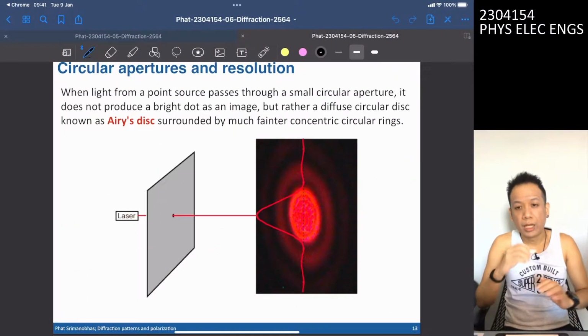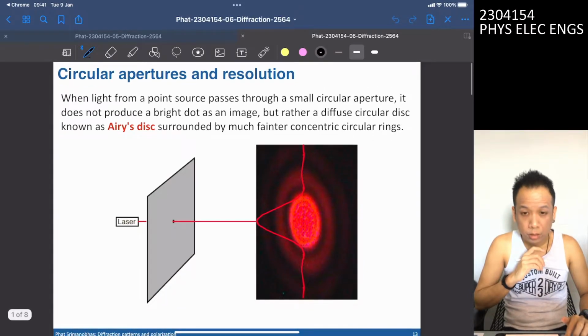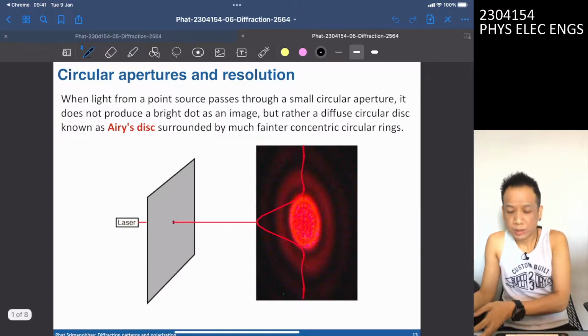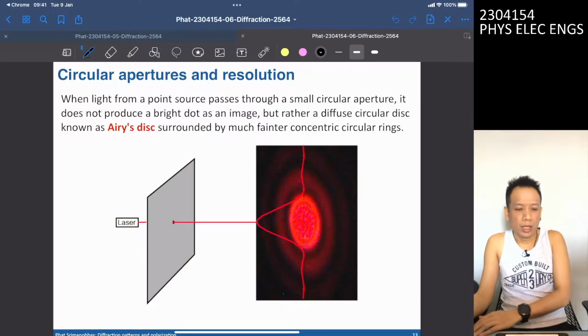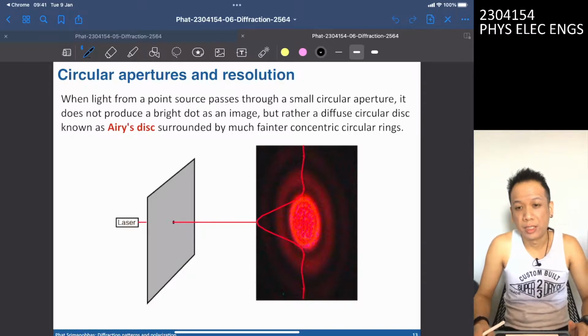So for today, it's going to be quite quick regarding the details we're going to discuss. The first topic is what we call circular apertures and resolution. Why are we interested in circular apertures? Because nature comes with circular apertures.